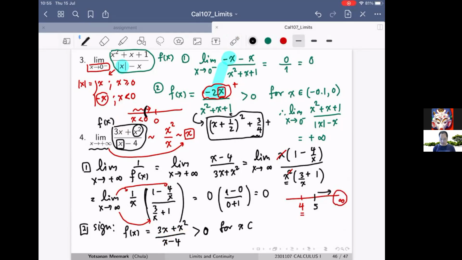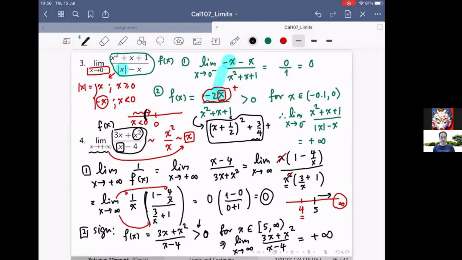For each and every x from 5 onward, okay? So this one is 0. This one determines the sign. Then we can conclude that this limit of 3x plus x squared over x minus 4 becomes positive infinity.